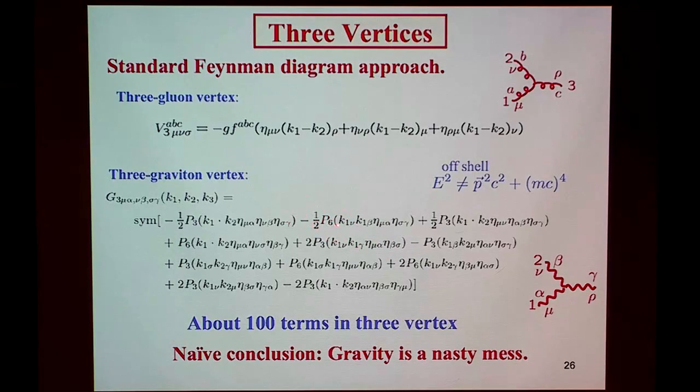This actually is 6 terms, and this is 3 terms, and so on and so forth. And then there are more terms. There's a little symbol there that says it's an even bigger mess. It's about 100 terms. Now, if you're a clever graduate student and your professor shows you this 3 graviton vertex and says, I want you to do a calculation, the clever graduate student should say, oh, that's very nice, but I'm going to go work on a different problem.